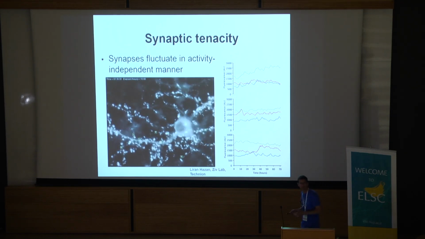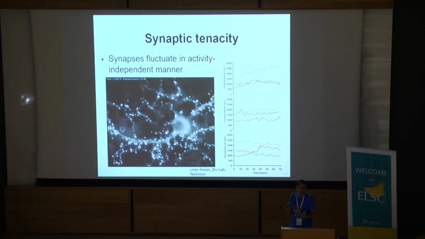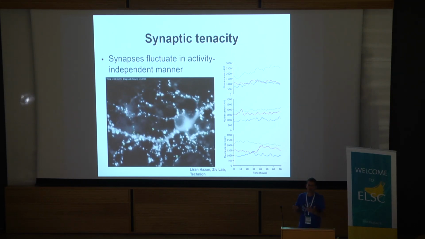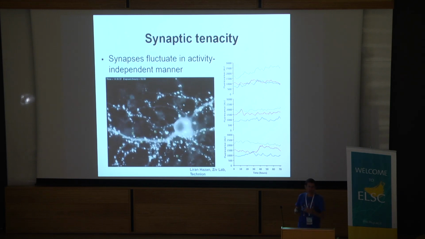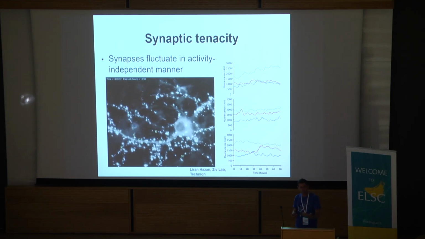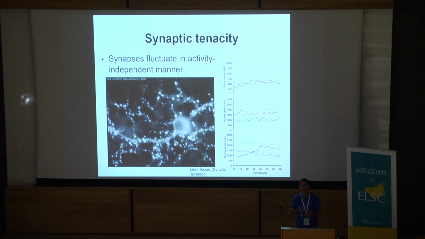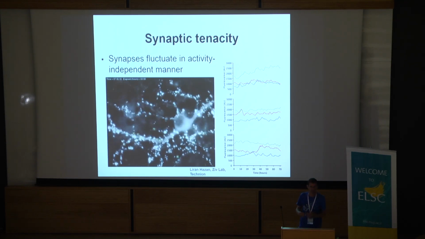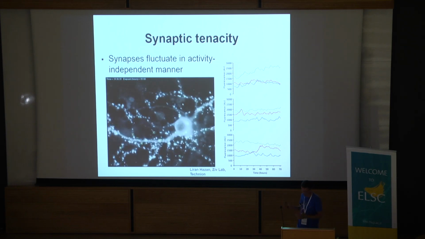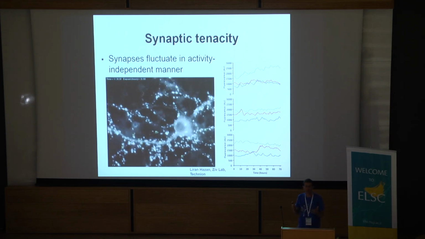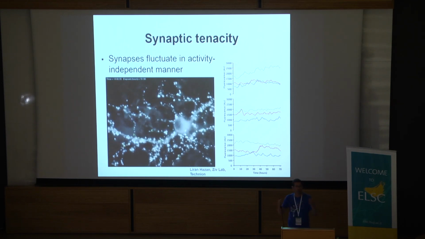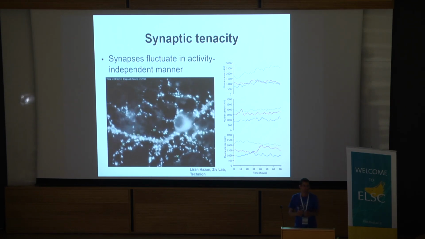Now, in this Ziv lab, they also tried to estimate, again in a very rough manner, how much of these variations are due to activity-dependent changes and how much are due to just spontaneous or activity-independent changes. And they got a very rough estimate of, let's say, 60-40 or so proportion.